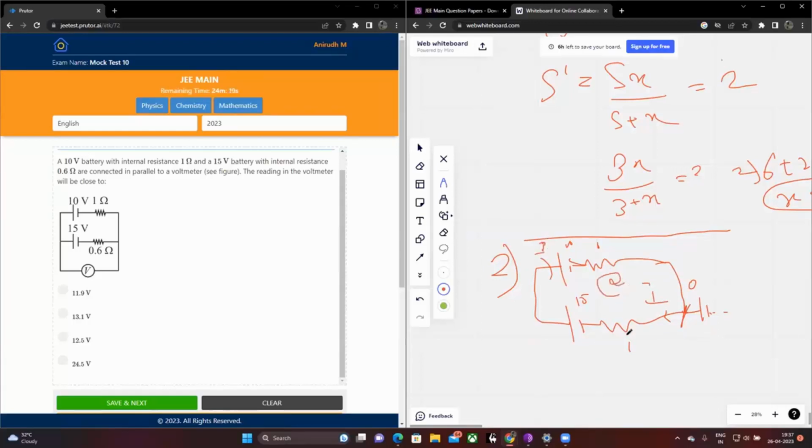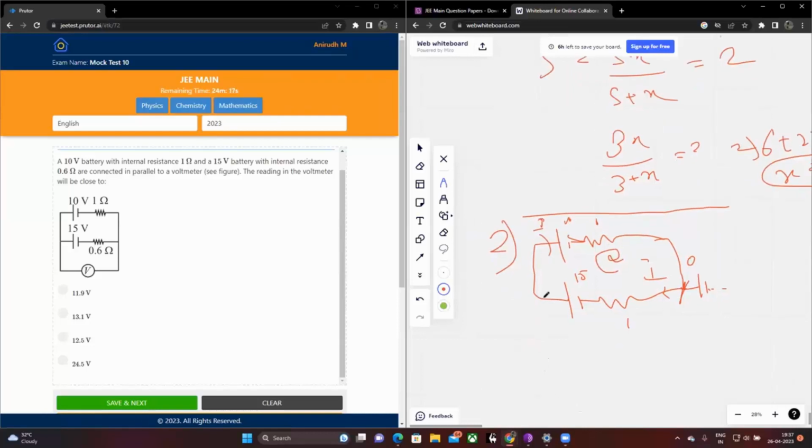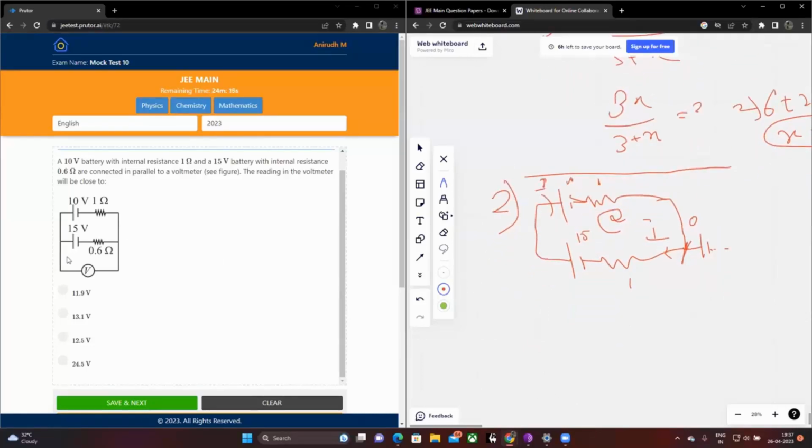I'll use KVL in this loop. I'm not connecting the voltmeter because I can just figure out the voltage over here. Let this be V, that's going to be what the voltmeter measures.